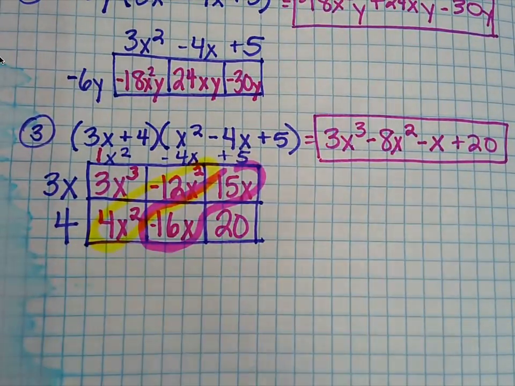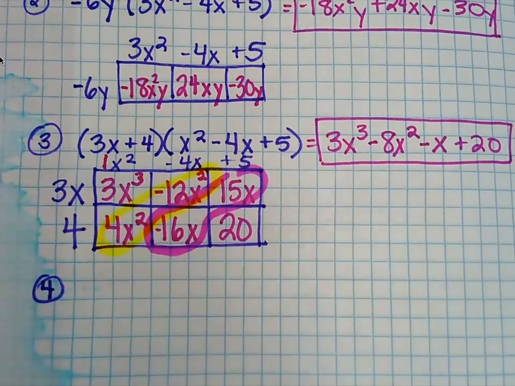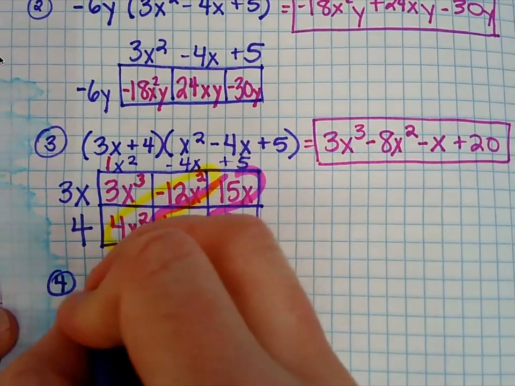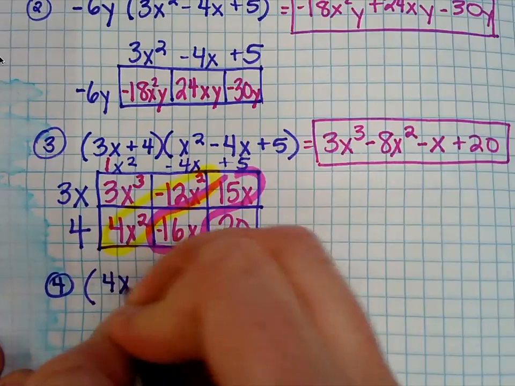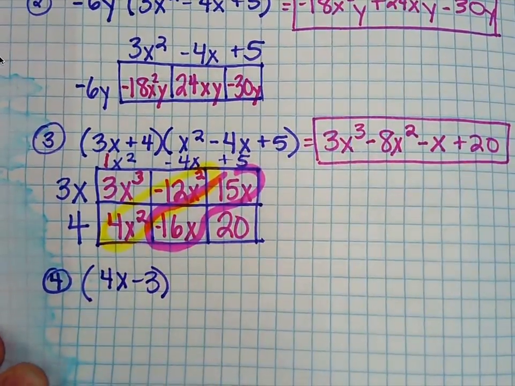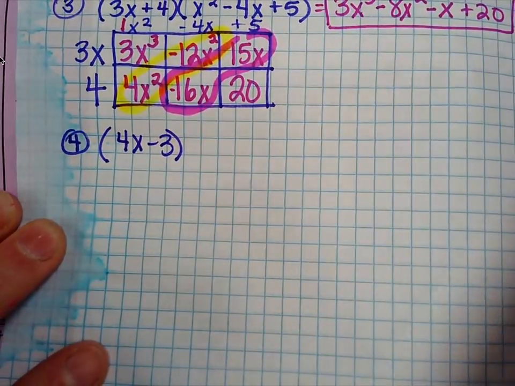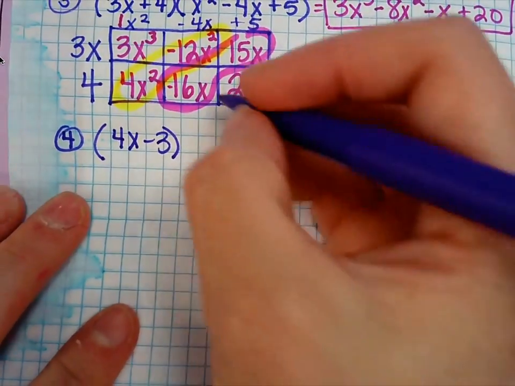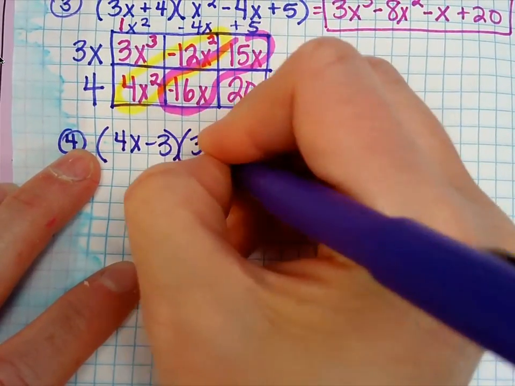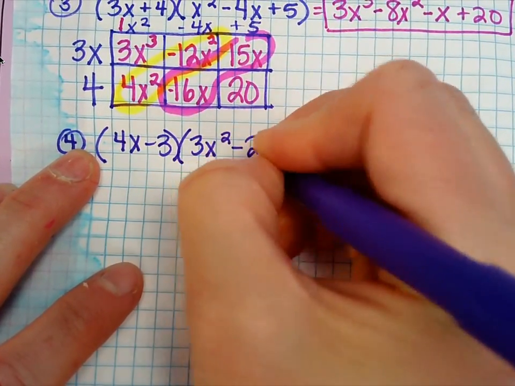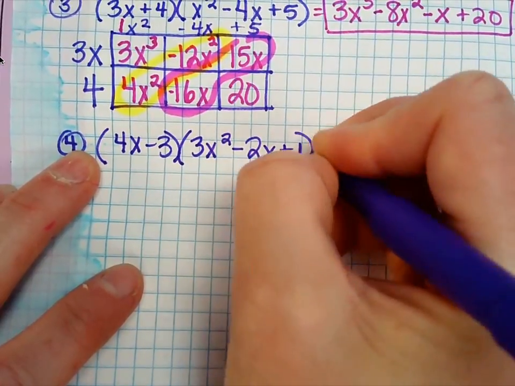Let's go to example 4. 4x minus 3 times 3x squared minus 2x plus 1.